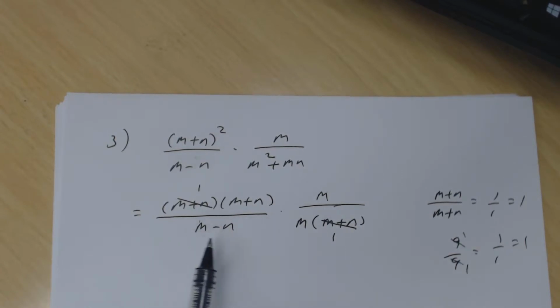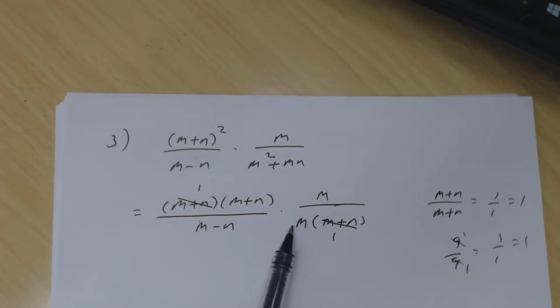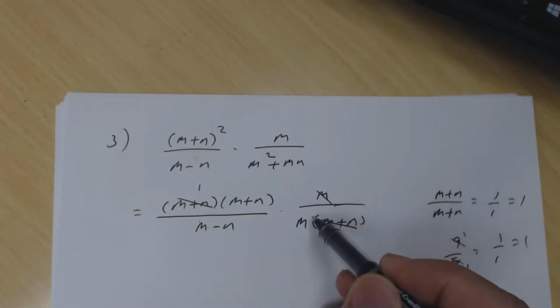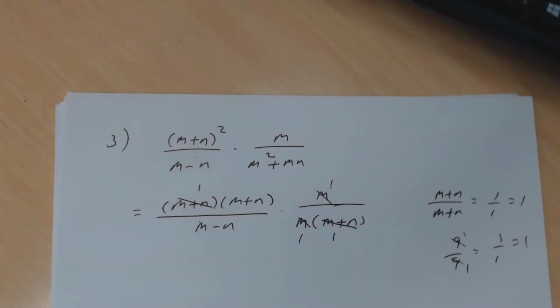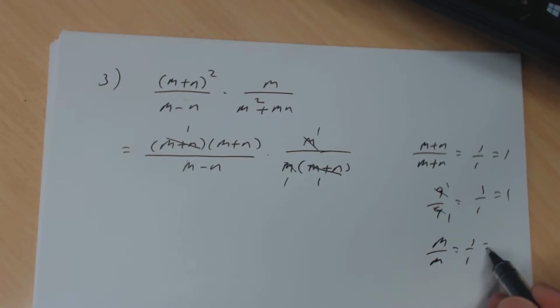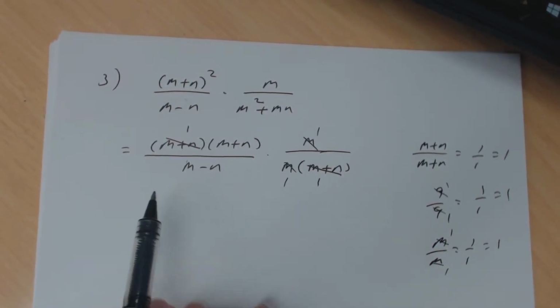That factor is m minus n. Here's your factor that's just m. So you can divide those out just like you did these. So you're going to say 1's 1. Because remember, m divided by m means 1 over 1, which is 1. So that's how you get this 1 over 1. And that's all you can do.